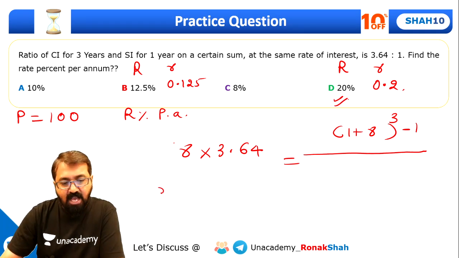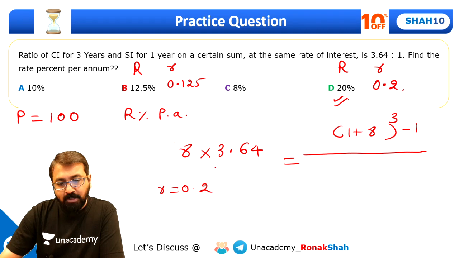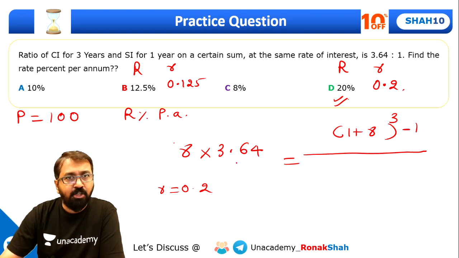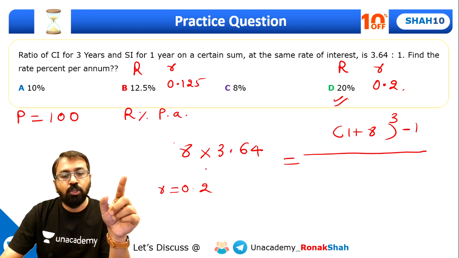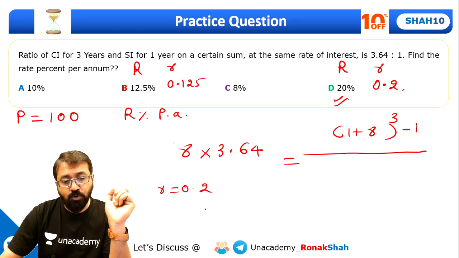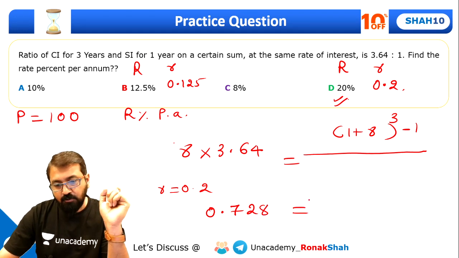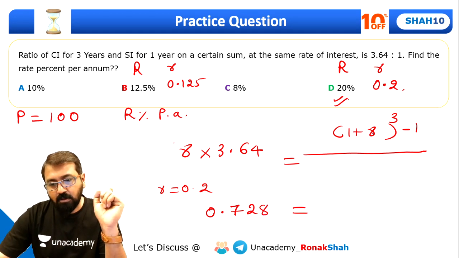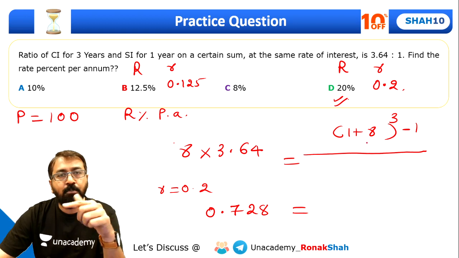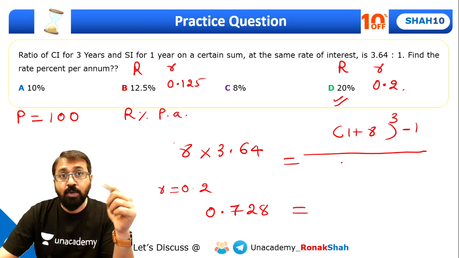If I take r equal to 0.2, my left hand side will be 2 into 364 is 728, so 0.2 into 3.64 will be 0.728, which should equal, if I replace r with 0.2, 1.2 cube minus 1. Now 12 cube is 1728.